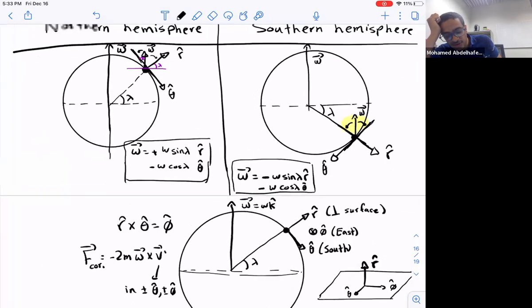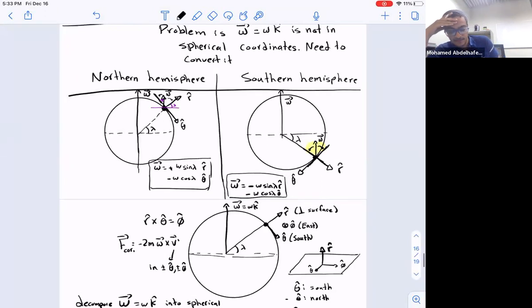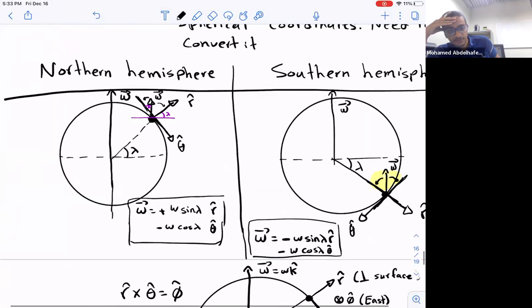So this is a vector decomposition of omega into spherical coordinates. Questions about it? We're not necessarily going to give you that, you need to be able to decompose it yourself. Any questions?